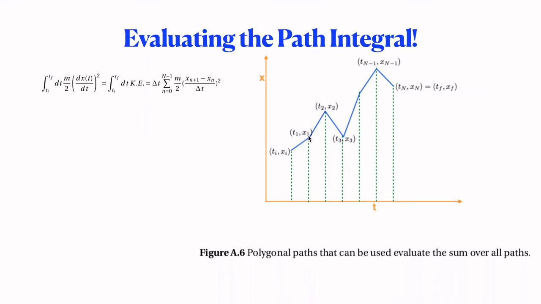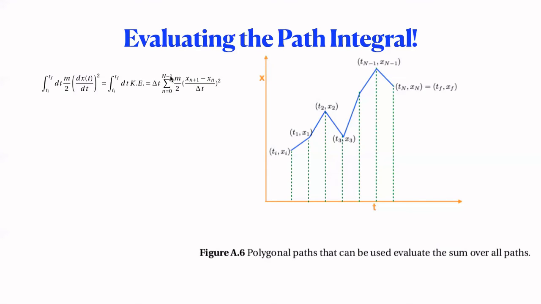So I will take x2 minus x1 divided by delta t. That will give me the velocity. I will take the square of that, which gives the velocity square. You multiply it by m and divide by 2, and I have to do it for each such interval and sum over all such quantities. So you take the position difference divided by the time interval, square it, multiply by m by 2, and you get kinetic energy multiplied by the time interval available.